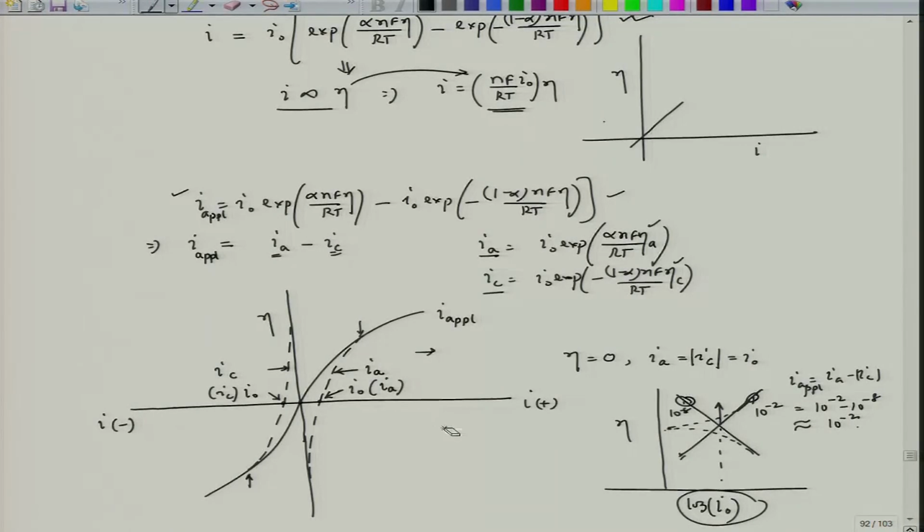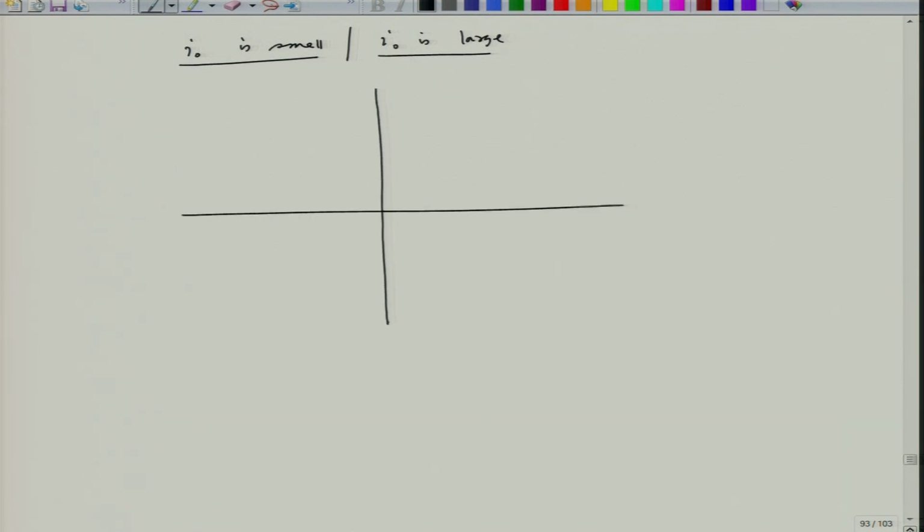Now, let us see the plot pattern when I 0 is small and in another situation when I 0 is large. What could be the plot pattern in each case?